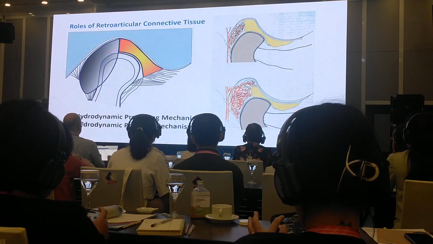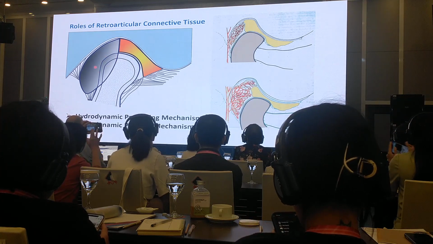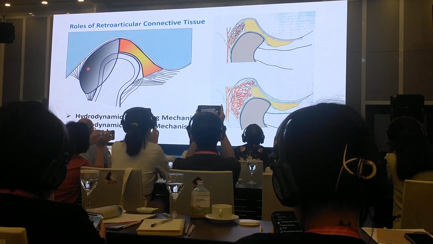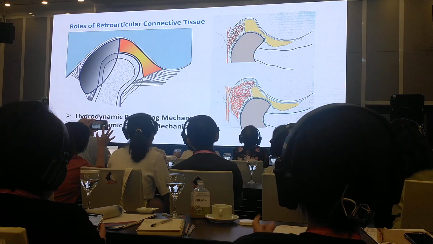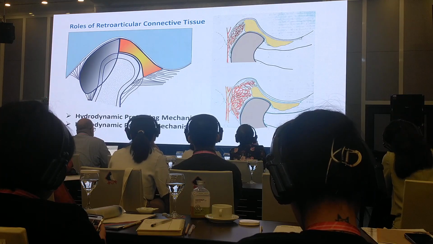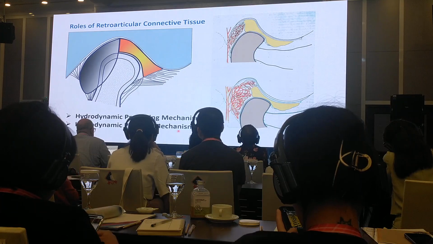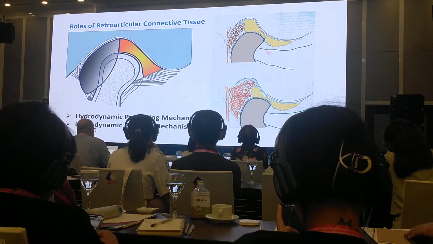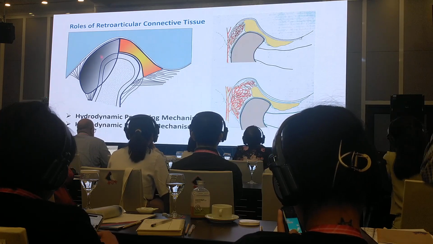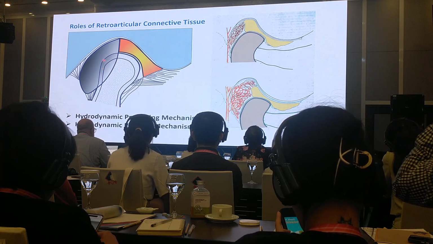So this pillow has two important roles. We call one the hydrodynamic protective mechanism. Another one, the hydrodynamic position mechanism. If the mandible is going back, as I said before, this protects it, so it doesn't go back too much.